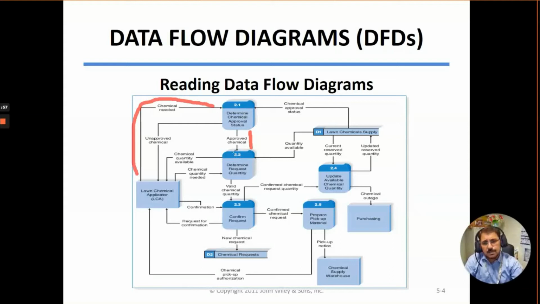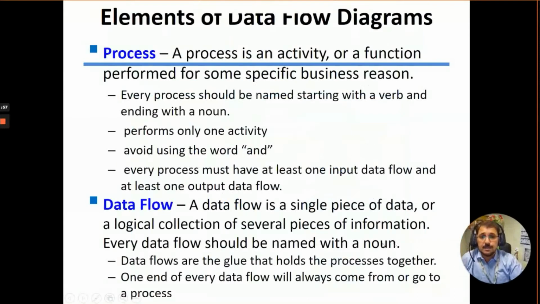And from this process, this information goes to the person. This data is coming from a process, and this one is going to a process. So data must go to or come from a process.